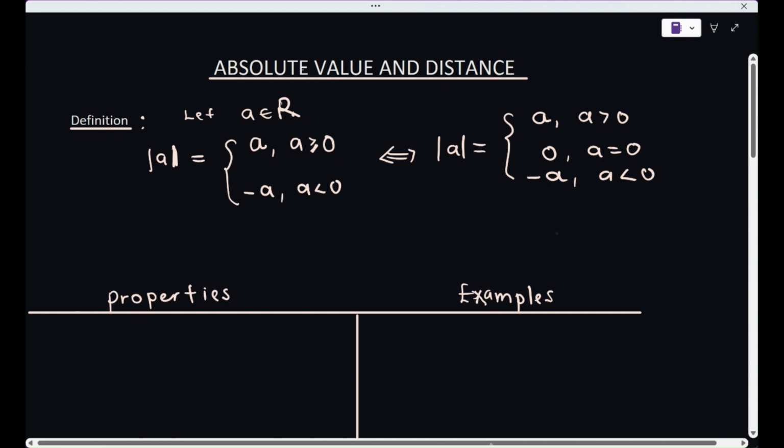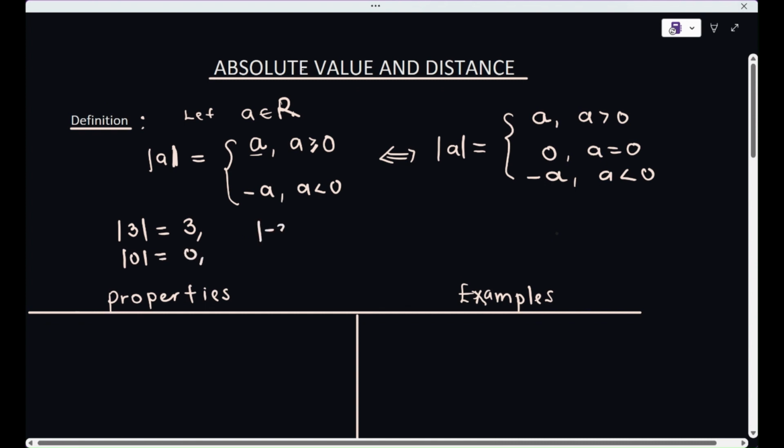For example, if I have absolute value of 3, in this case, what is A? A is 3. And since A is positive, then we are in this situation. Then our answer will just be A, which is just 3. Then if we take 0, absolute value of 0 is just 0.